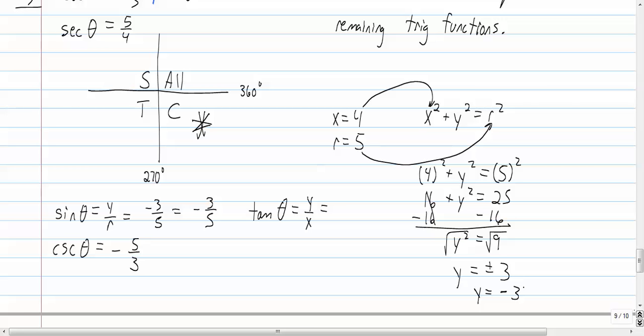We said y was negative 3 and x was 4, so tangent is negative 3/4. We can use the reciprocal identity and find cotangent really fast, or use x, y, and r. Either way, you get negative 4/3. So we get negative 4/3 for the cotangent of theta.